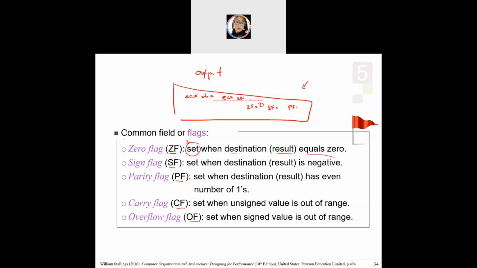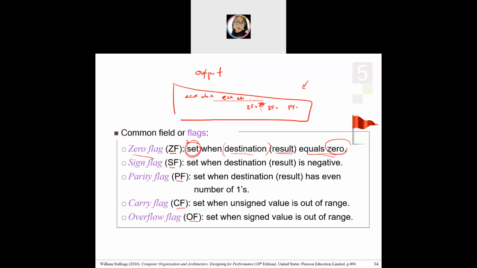So the zero flag is for you to check whether the destination result equals 0 or not. If it is 0, then the value of your ZF equals 1, or set.